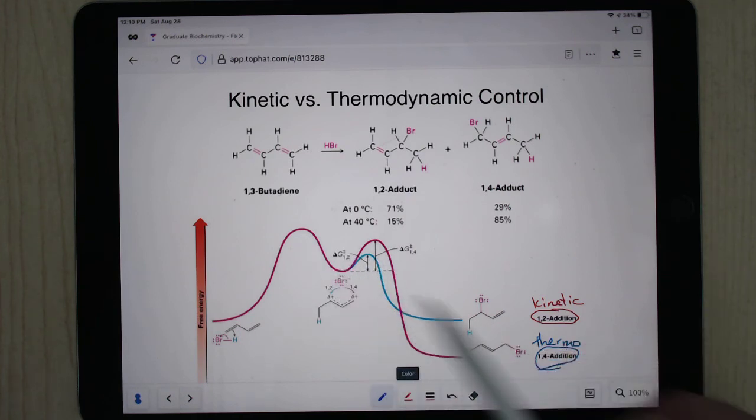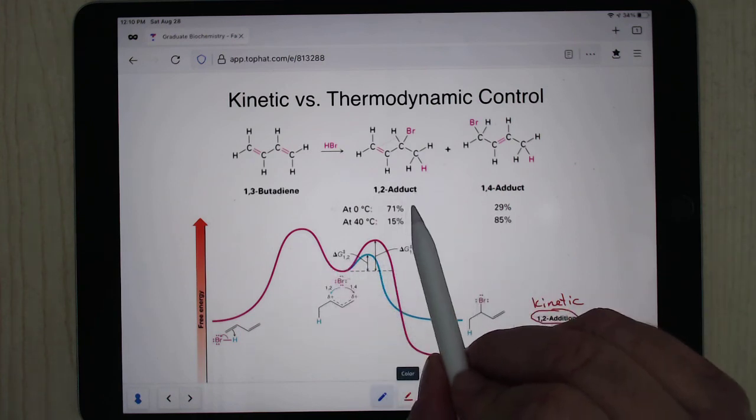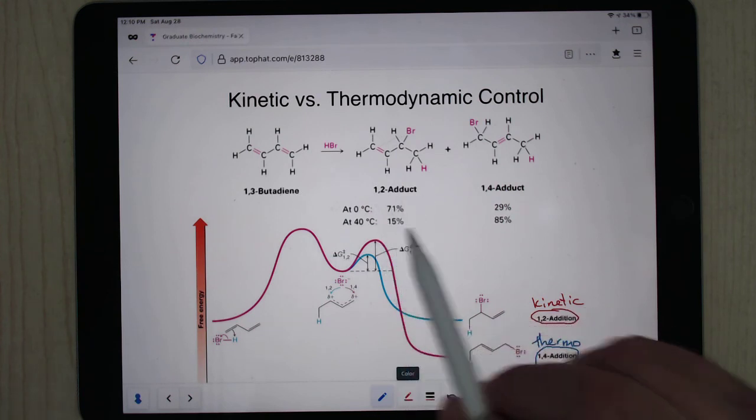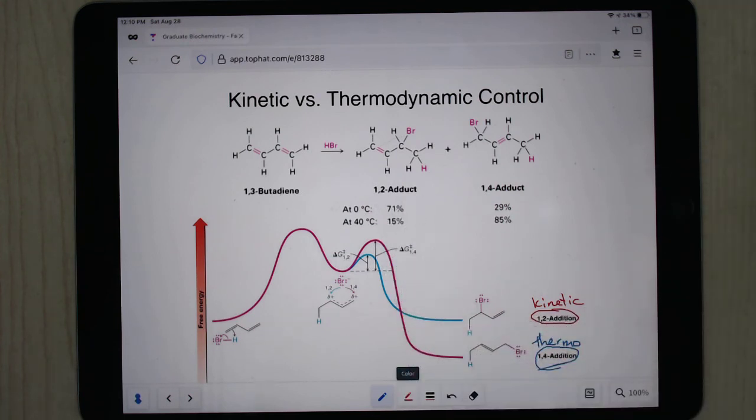To make this product here. So the one formed at the lower temperature is the kinetic product because it's easier to get to, but the one formed at the higher energy is the thermodynamic product.